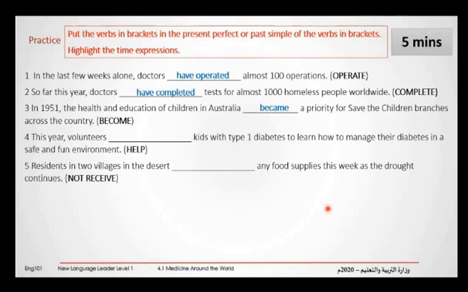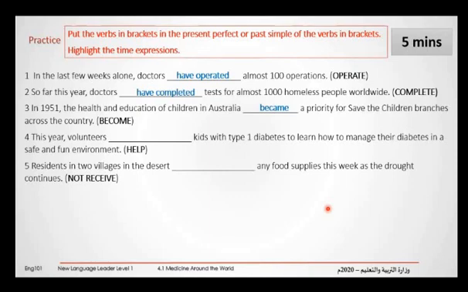Number 3. In 1951, the health and education of children in Australia became a priority for Save the Children branches across the country. Number 4.